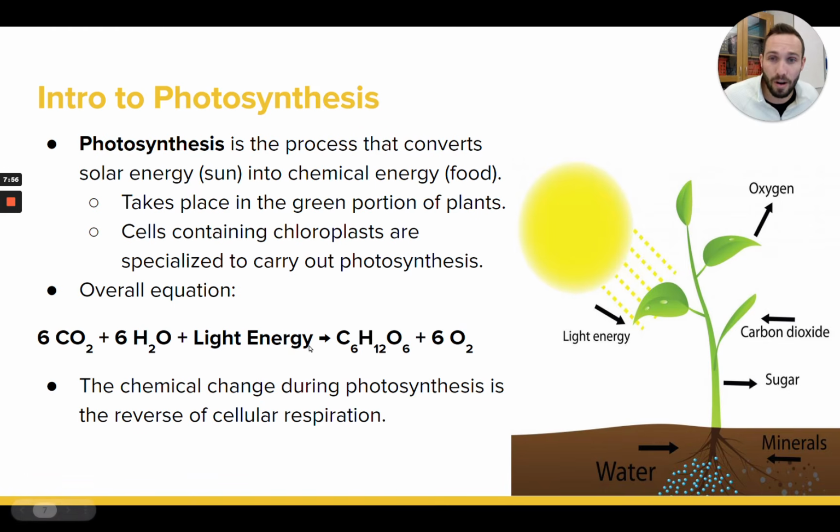Six molecules for every glucose molecule being produced, which is our initial organic molecule produced in plants through photosynthesis. We start with 6 molecules of CO2 and 6 molecules of H2O to make 1 molecule of glucose, which also releases 6 molecules of oxygen. This is the exact opposite of the products and reactants that we saw in cell respiration. So a lot of this will basically be like cell respiration, but in reverse.